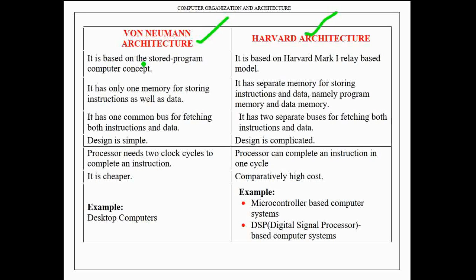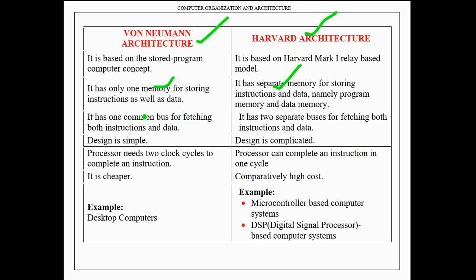Von Neumann architecture is based on the stored program computer concept, whereas Harvard architecture is based on the Harvard Mark I relay based model. Von Neumann architecture has only one memory for storing instructions as well as data, whereas Harvard architecture has separate memory for storing instructions and data, namely program memory and data memory.